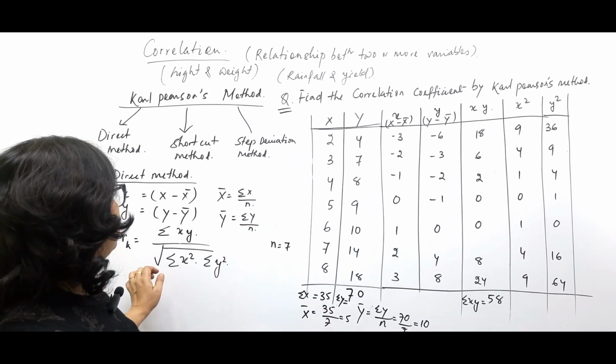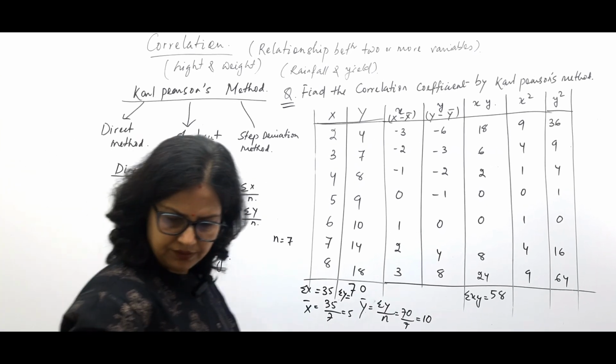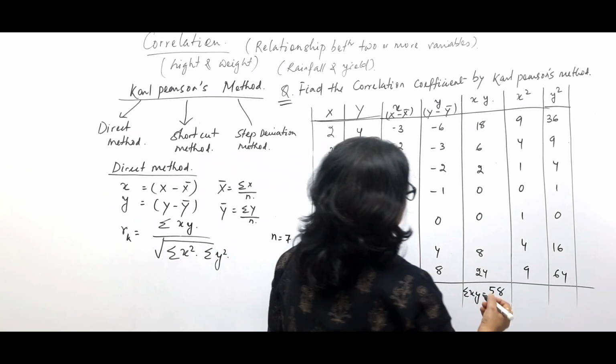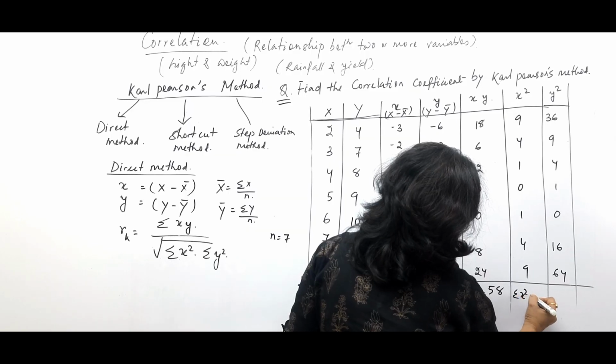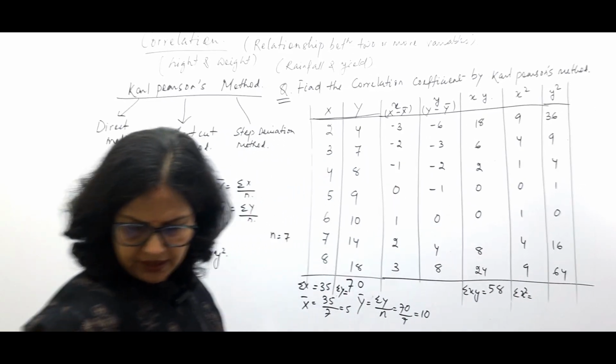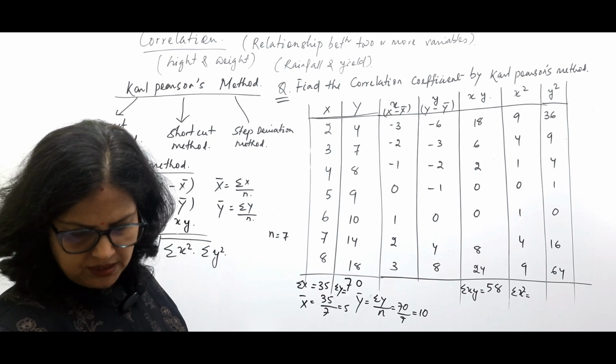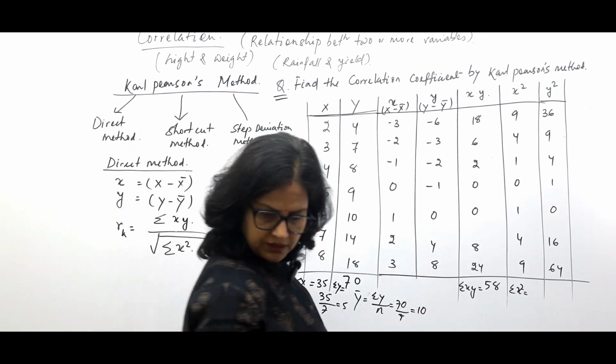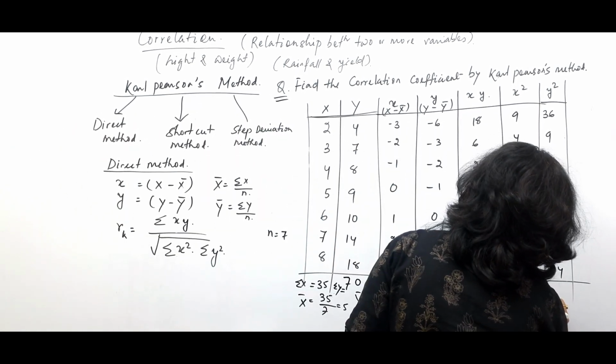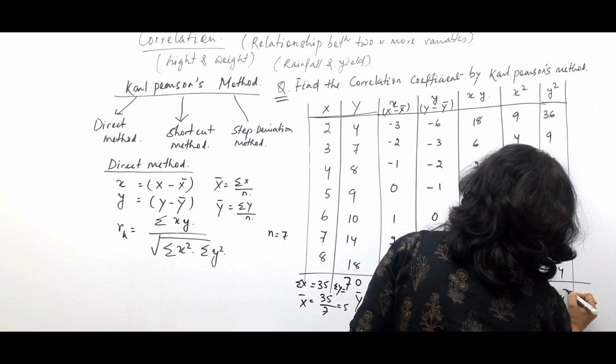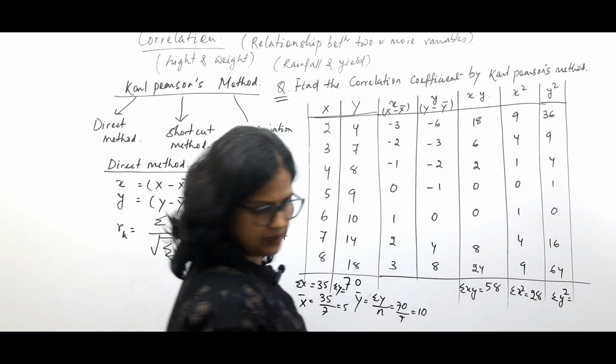We need to calculate sigma of x square and sigma of y square. So sigma of x square equals 28, and sigma of y square equals 130.